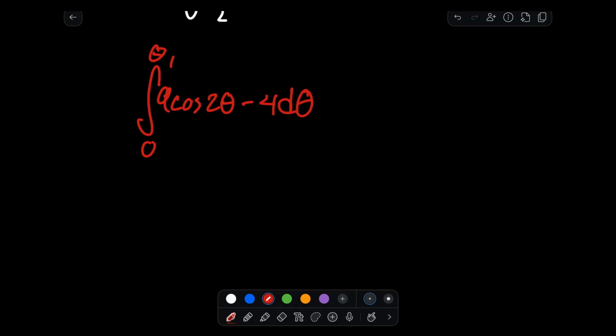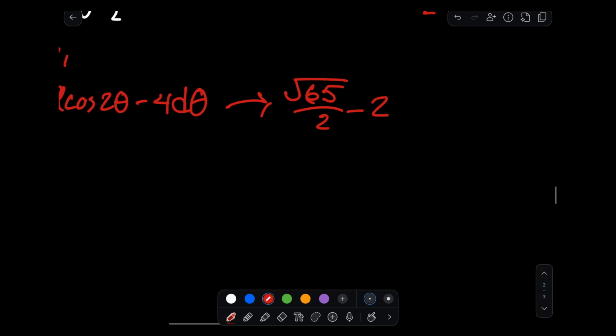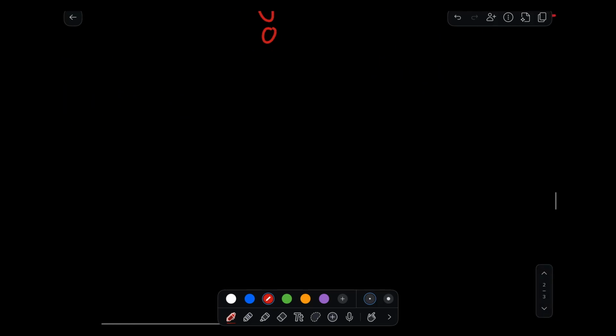I'm not going to do that because that's more technical than I would even prefer for these types of problems. The bigger point of this video is to show how to do double integrals. But I can write out the answer as a result of that. I'm going to get 65 over 2 minus 2 cos inverse of 4 over 9.